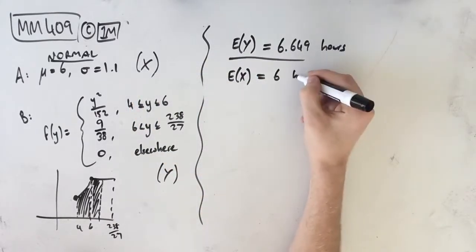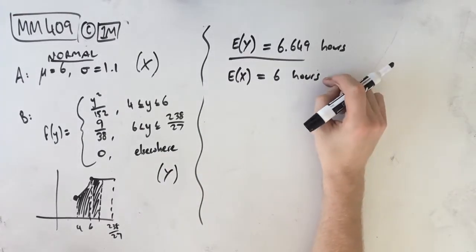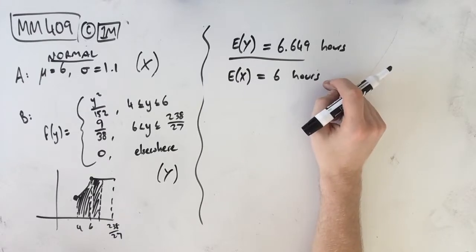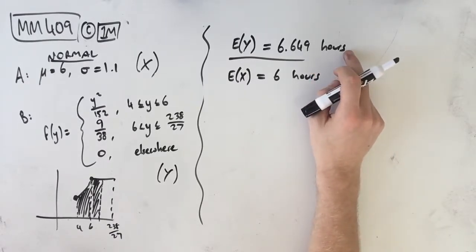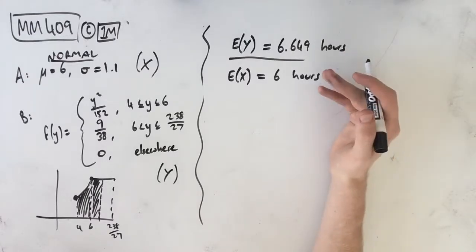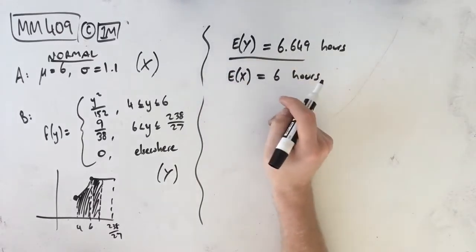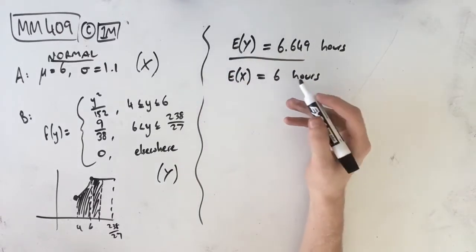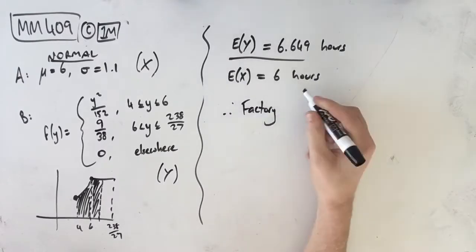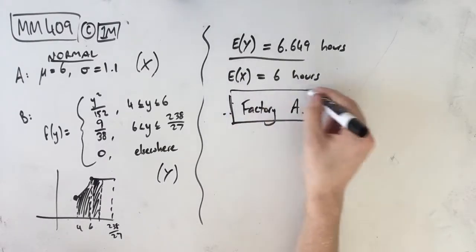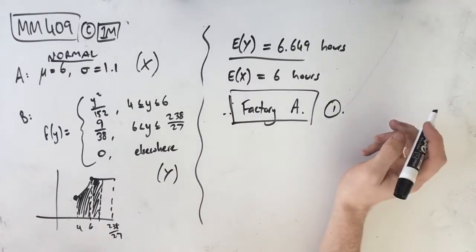So factory A has an average time of 6 hours, and factory B has an average time of 6.649 hours. It seems logical that you would go to factory A because usually the average is quicker. So the customer should go to factory A, and that's our first and only mark for part C.